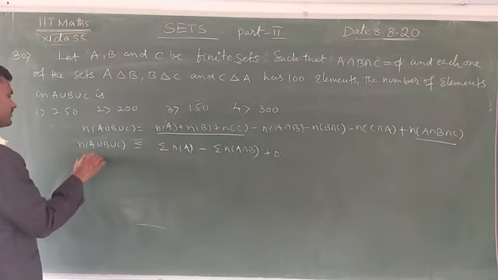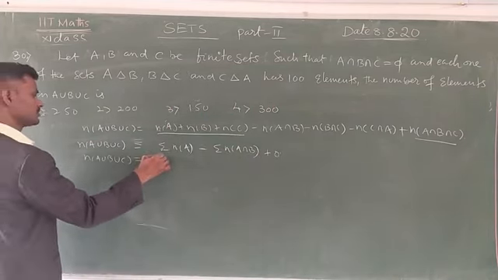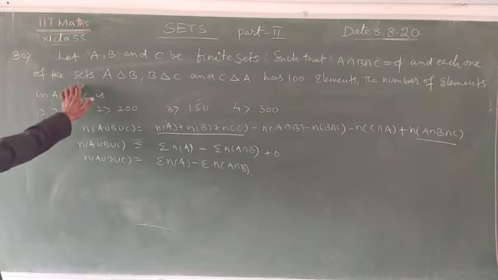Now n of A union B union C is equal to summation n of A minus summation n of A intersection B.